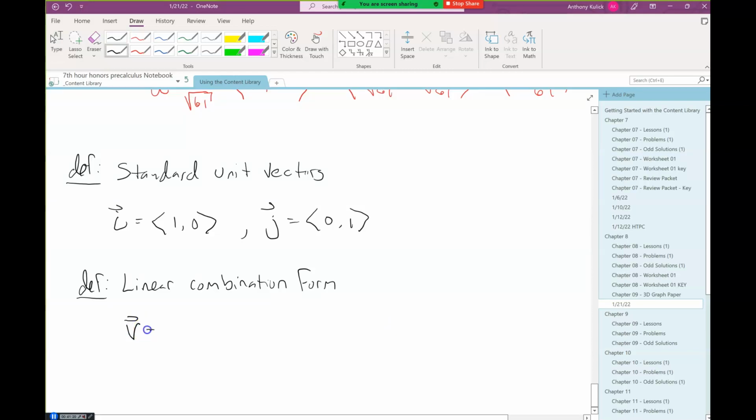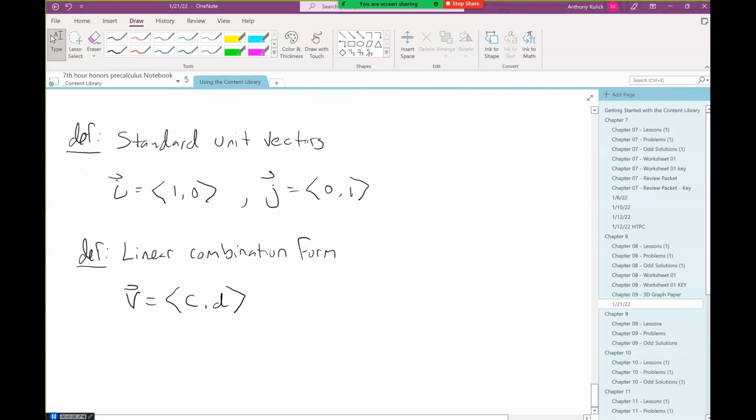So if I have a vector in component form, say the vector c, d, to write this in linear combination form, I want to write it as a constant or a scalar times i plus some scalar times j. Well, to do that, the vector c, d could be the vector c, 0 plus the vector 0, d.